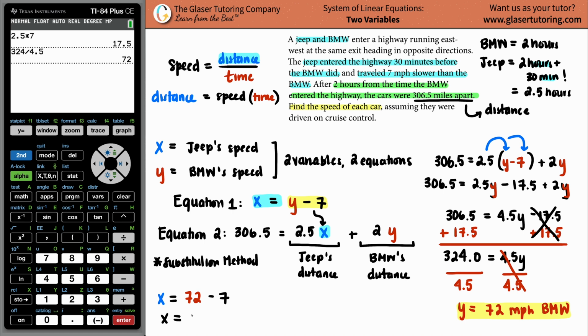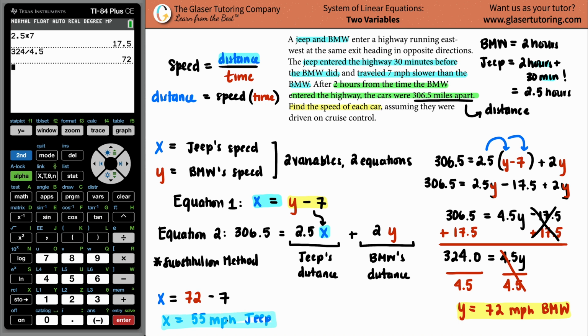X equals, maybe we'll do that in blue. X equals 55 miles per hour. And that's the Jeep. Oh, yeah.